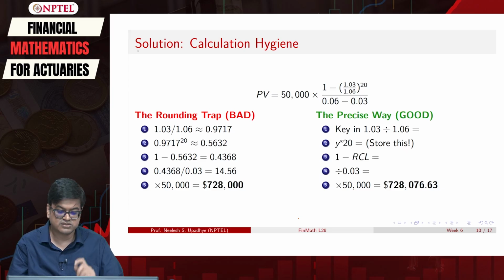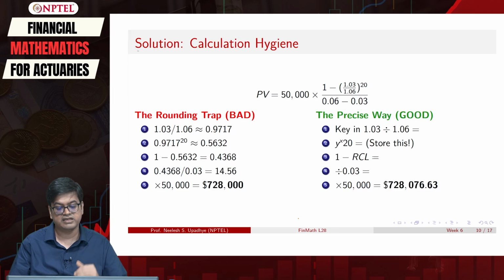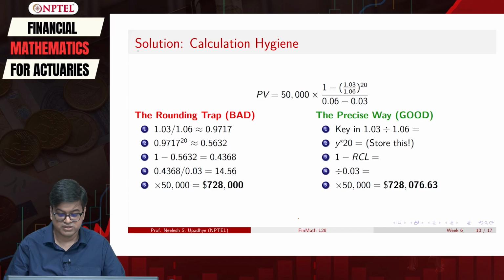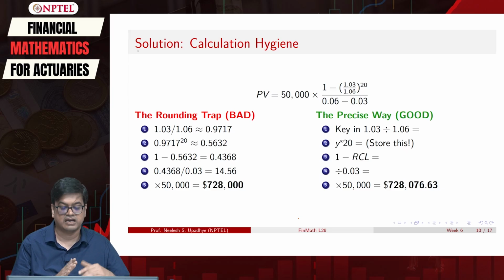You raise this to 20, and store this value using the STO button in memory 1. Then you do 1 minus, and recall this value using the RCL button. There is no rounding error to a significant number of precisions. Then divide this value by 0.03 and multiply by 50,000. So the answer that you will get is $7,20,076.63.